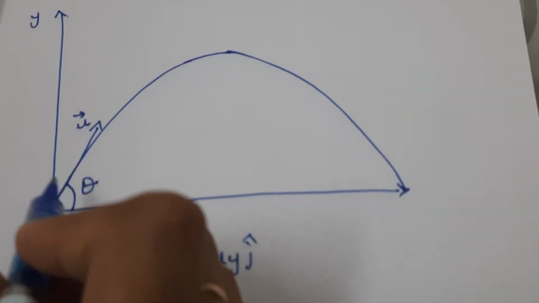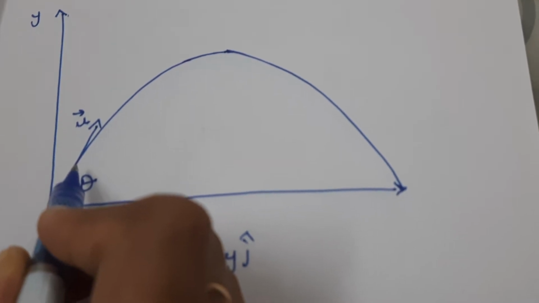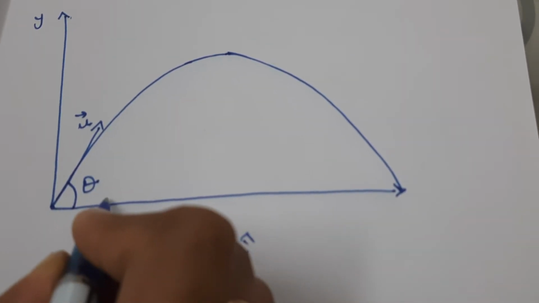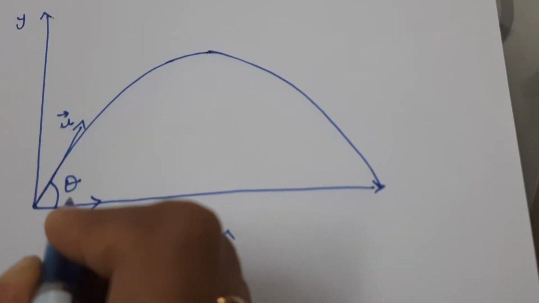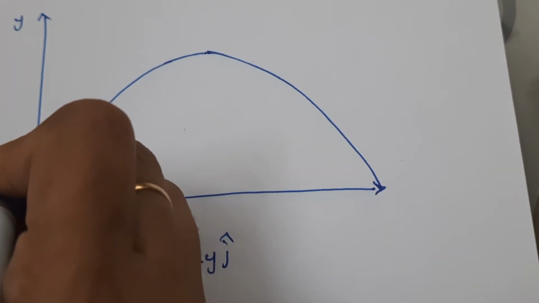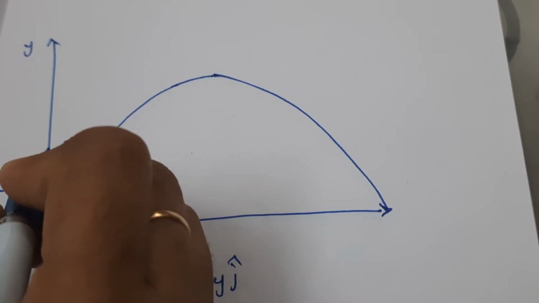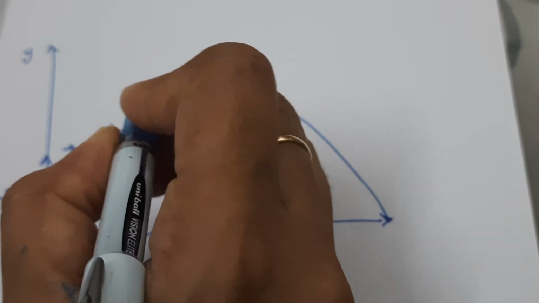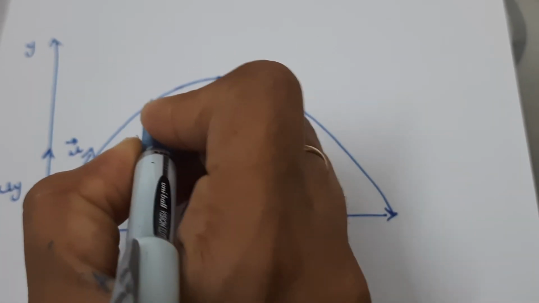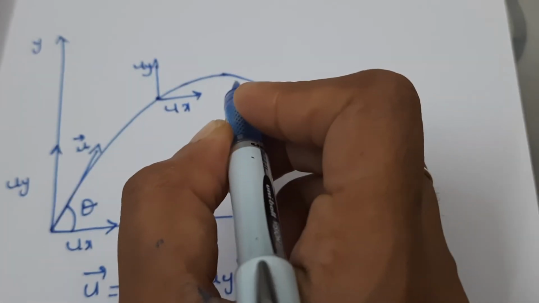That is, it can be resolved into two components. One is along the x direction, that is ux, and another one is along the y direction, that is uy. So at every point here, the ux is acting here and uy is acting here.